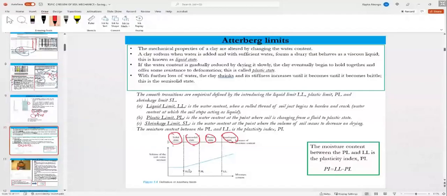From semi-solid state to plastic state is the plastic limit. The water content at which it goes from plastic state to semi-liquid state is the liquid limit. These three states define the consistency of fine-grained soil.